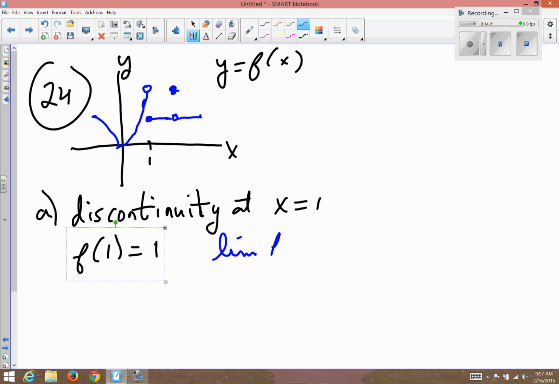The limit of f of x as x approaches 1 from the left is 2, because if we are very, very close to 1 on the left side of 1, the y value right there is practically 2.